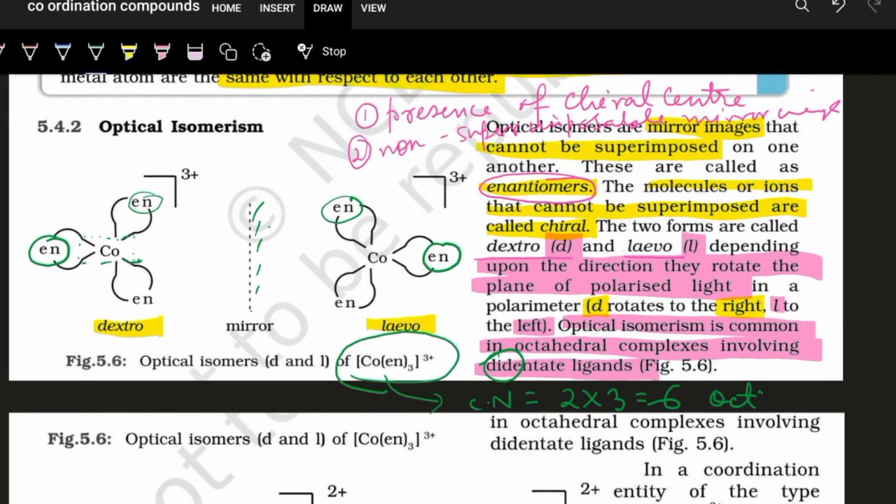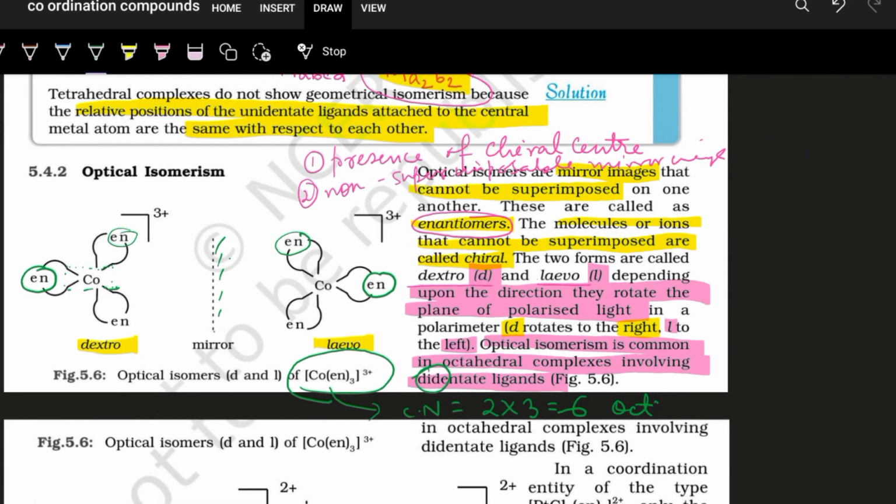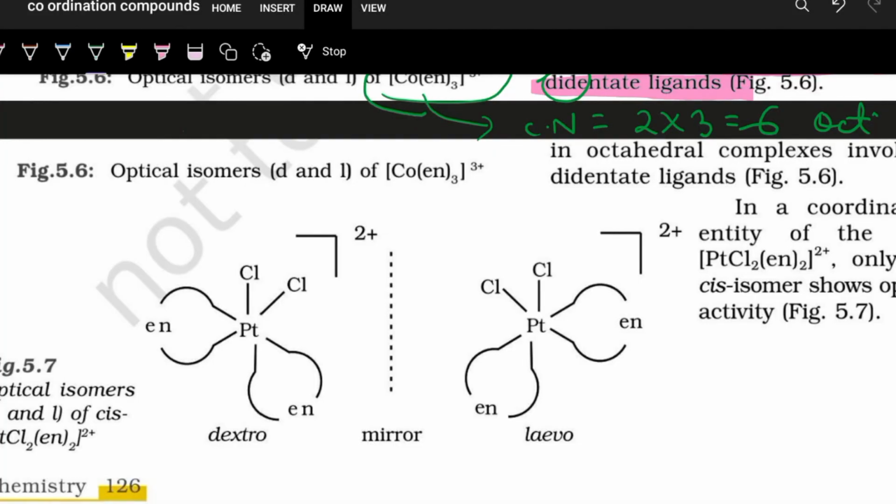You lift up your right hand and place it just above your left hand. Do you see them getting eclipsed? No, not at all. So they are non-superimposable mirror images, optical isomers of this type. So we can see the dextro and the levo forms.